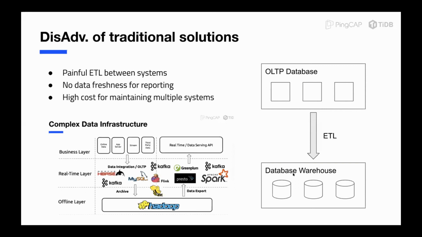So the ETL process is painful, and there's no data freshness for reporting. Whenever you have the insights, it's already midnight, and that also means high cost for multiple systems. You have to maintain two licenses, and you have to maintain two groups of engineering time.